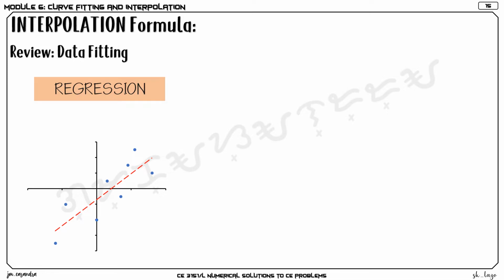And the first method under data fitting is what we call regression. This is used in cases when the number of points are given and the function or the equation is to be determined. The line or the curve would take only the mean and would not intersect all the points in the given dataset.